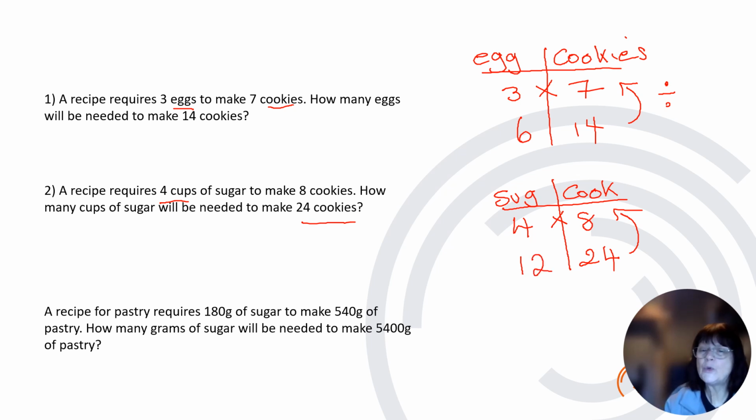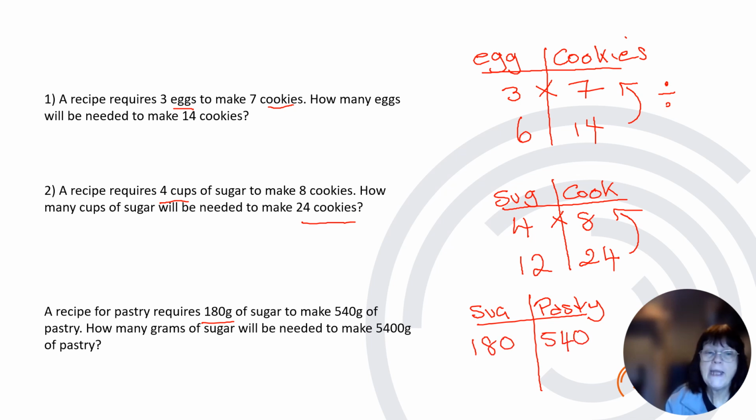Okay, and a final nice simple one. We are looking at sugar to pastry. We've got sugar to pastry, and we are being told that 180 grams of sugar will make 540 grams of pastry. We are going to make 5,400 grams of pastry.